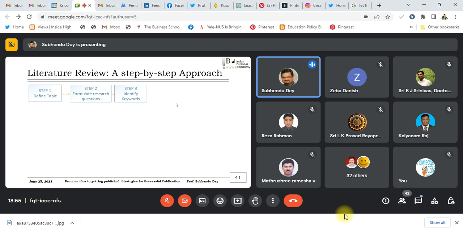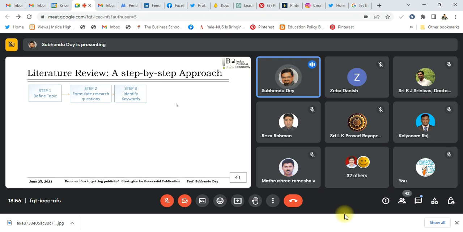Now, I have two quick tips for you. When you have keywords, one of the things you may need is synonyms. So take a keyword, take its synonyms, and start searching for the relevant literature. The second thing you can do is talk to your librarian.